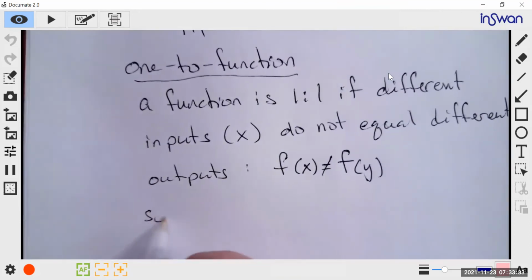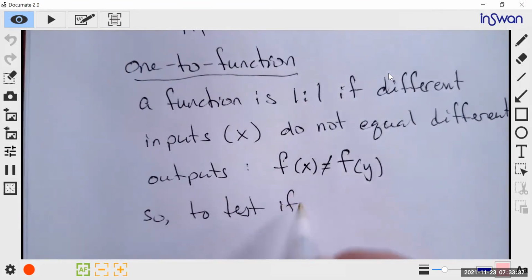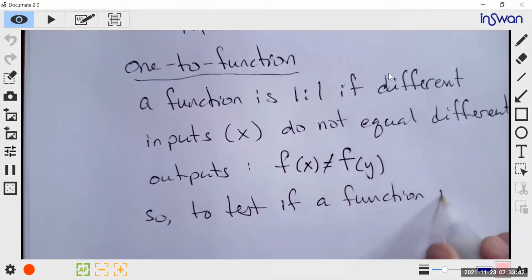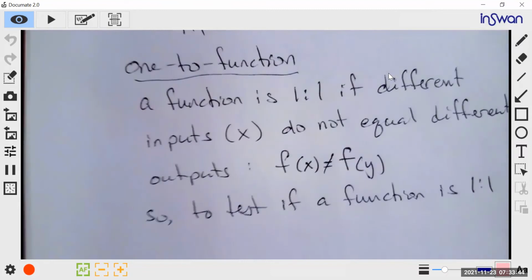So to test if a function is one-to-one, we know that this has to be true.